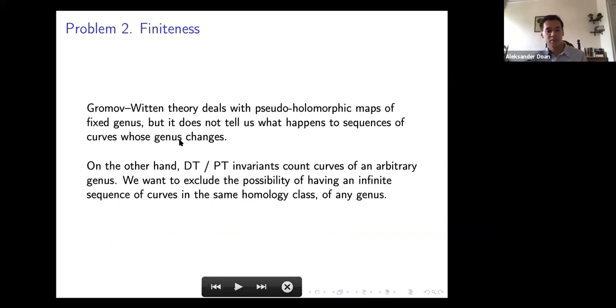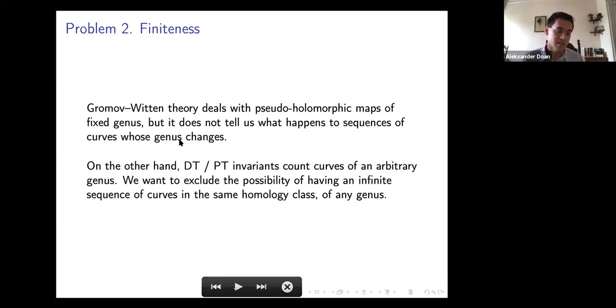The second problem I want to talk about is the problem of finiteness. As I said, Gromov-Witten theory deals with pseudo-holomorphic maps. To talk about pseudo-holomorphic maps, you fix some genus and you look at maps from a surface of given topology. You can analyze bubbling and all sorts of things by considering sequences of maps from a surface of given genus.